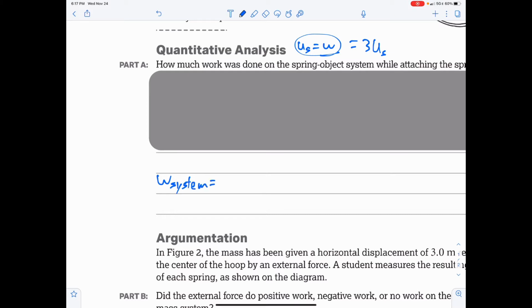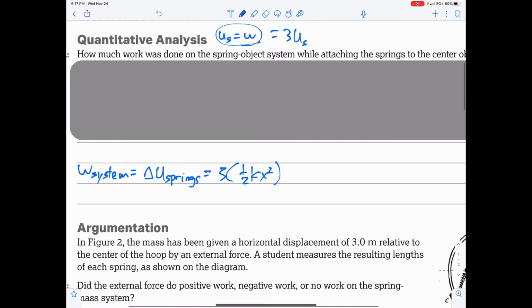Is going to be equal to the change in potential energy of the springs, all of them, which is going to be, since they're identical springs, 3 springs times 1/2 kx squared, which would be 3 halves times k.